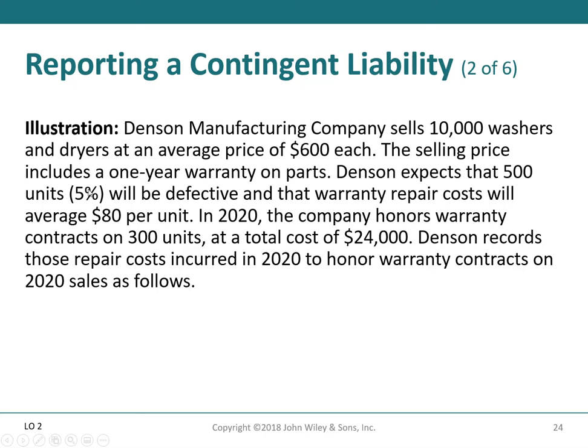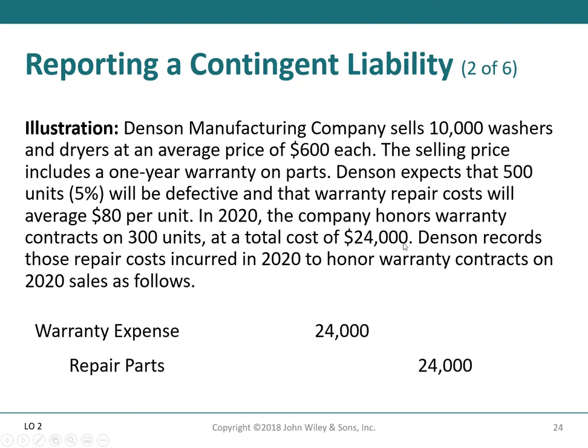The selling price includes a 1-year warranty on parts. Denson expects that 500 units, or 5% of them, will become defective, and that the warranty repair costs will average $80 per unit. In 2020, the company honors warranty contracts on the 300 units at a cost of $24,000. Denson records those repair costs incurred in 2020 to honor contracts on the 2020 sales.